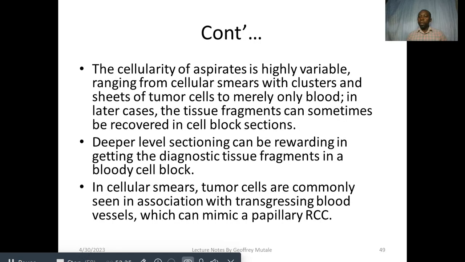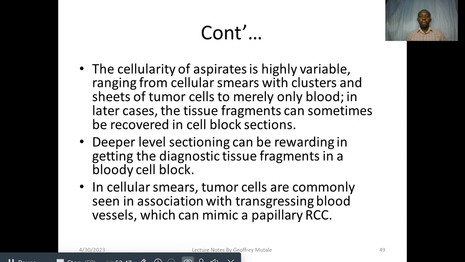The cellularity of the aspirate is highly variable, ranging from cellular smears with clusters and sheets of tumor cells to merely only blood. In the latter cases, tissue fragments can sometimes be recovered in cell block sections.